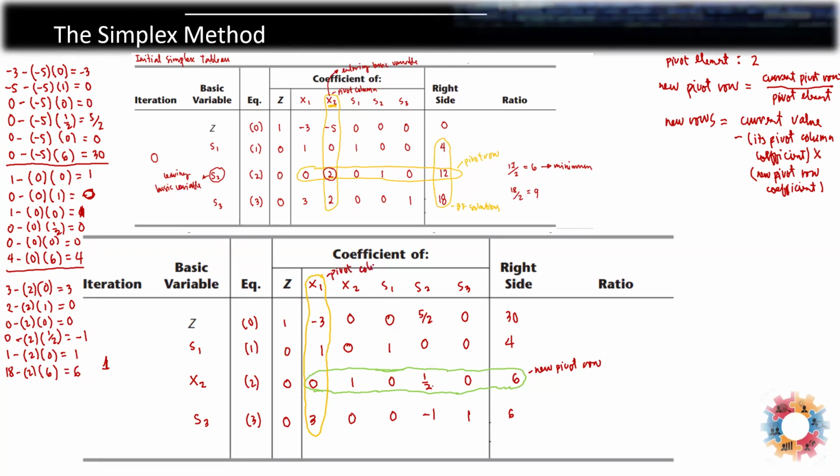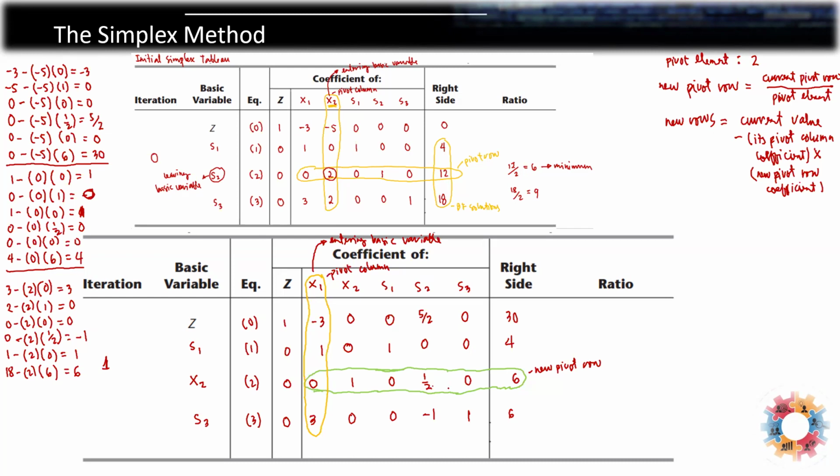Pivot column. That means that your x sub 1 will now be your entering basic variable, right? So repeating the same process we did a while ago, now we will determine the leaving basic variable by identifying the pivot row for the first iteration, for the second simplex tableau.